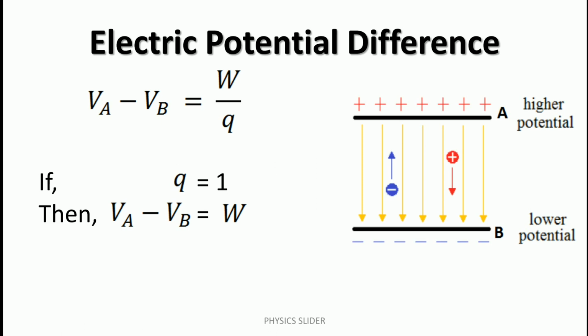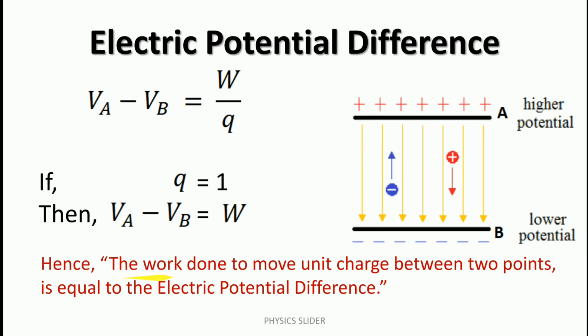The work done to move unit charge between 2 points is equal to the electric potential difference between those points. So this is the definition of the electric potential difference.